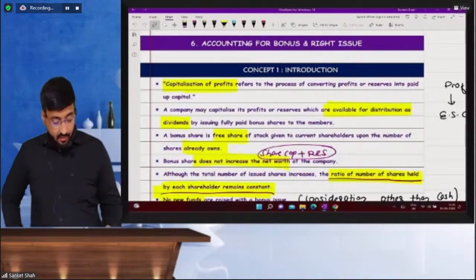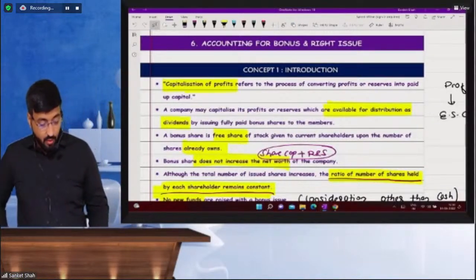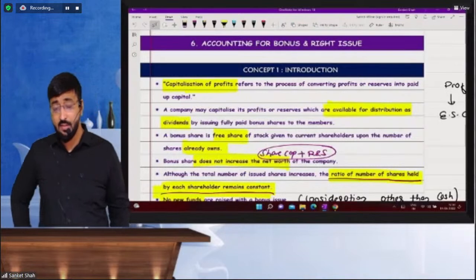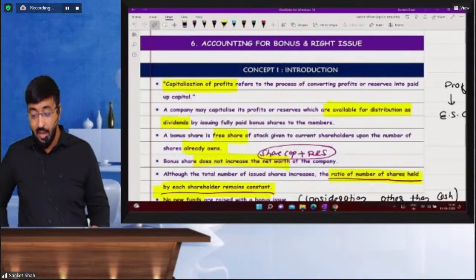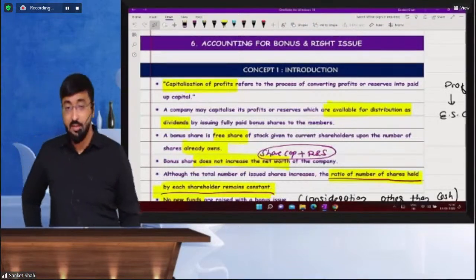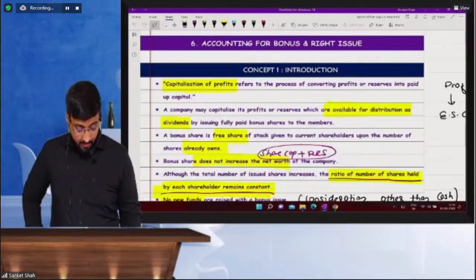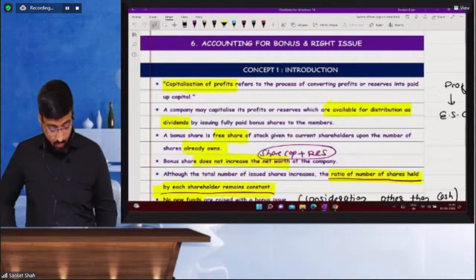So these are traditional approaches. In the modern approach, asset shows debit balance, liability shows credit balance, expenses show debit balance, and income shows credit balance. Capital is also showing credit balance. So friends, if you remember the basic rules of accounts, let me open your queries.